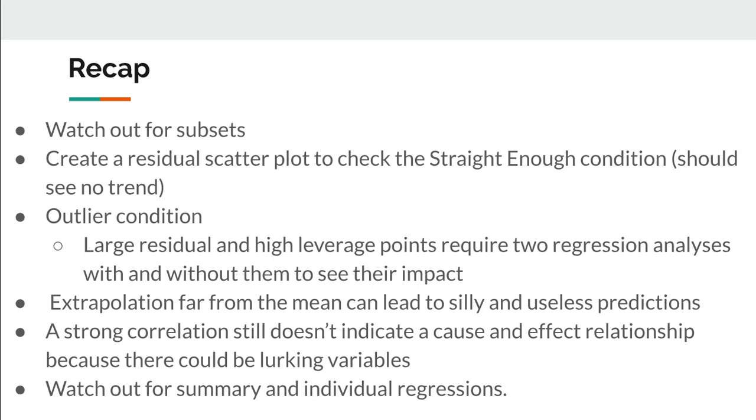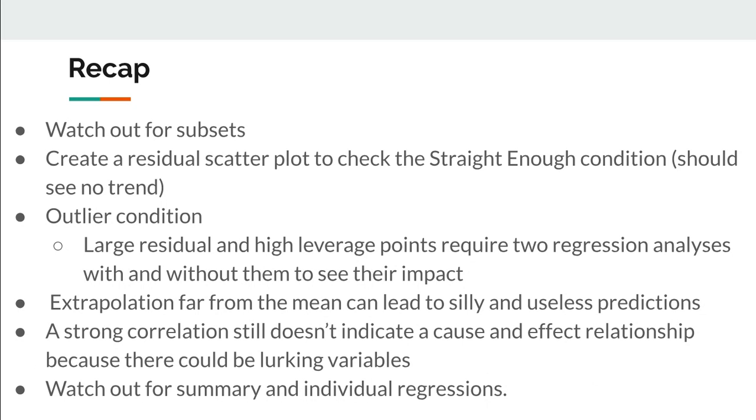Outlier conditions. For large residuals and high leverage points, you can create another graph to see what their impact is: what the line of best fit would be with them there, with them not there, and things like that. And then extrapolation. Predicting a point is silly and useless sometimes just because we're not sure how that data changes after we reach a certain point.